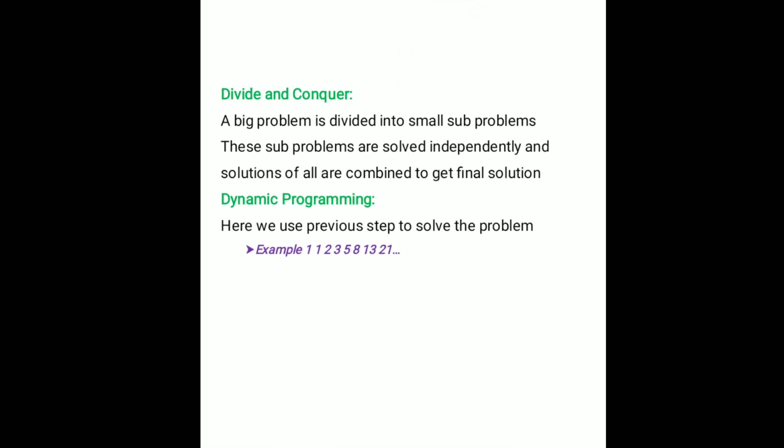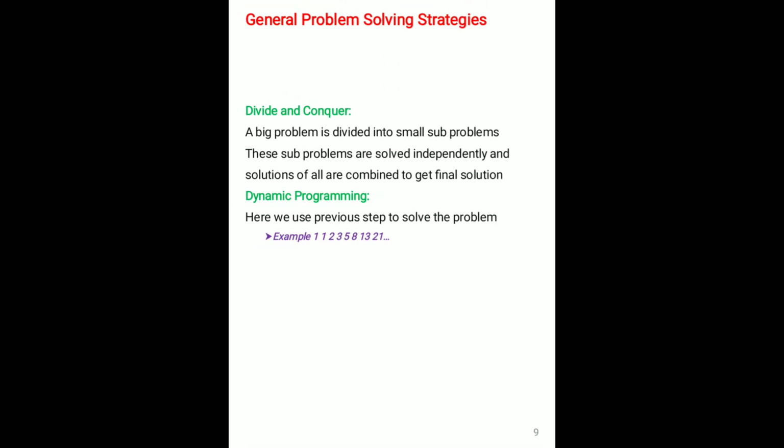Now the next point is general problem solving techniques. The very first technique is divide and conquer, and second is dynamic programming. Now, in the divide and conquer method, one problem that is a big module can be divided into a number of sub-modules.